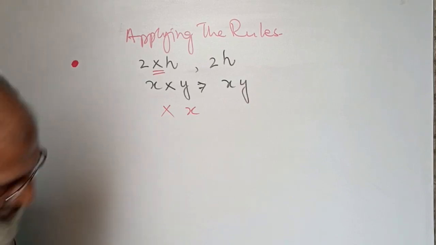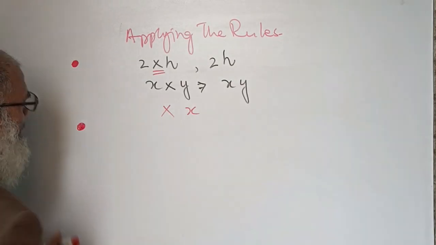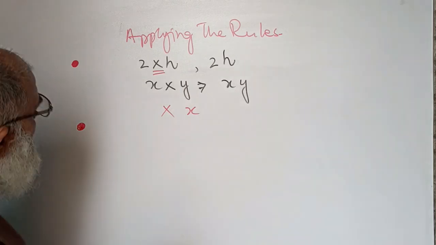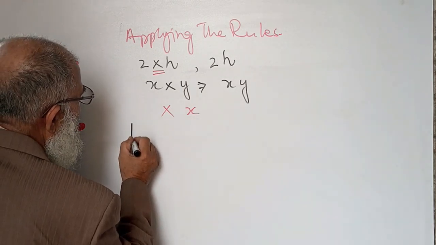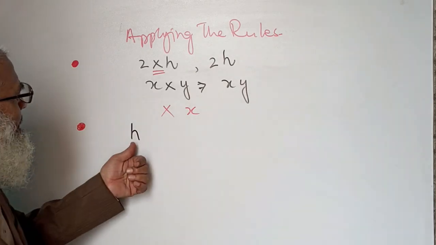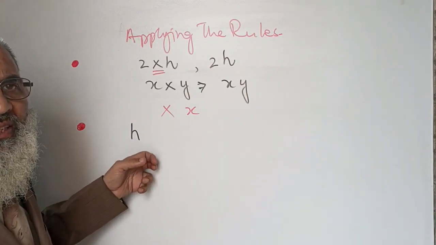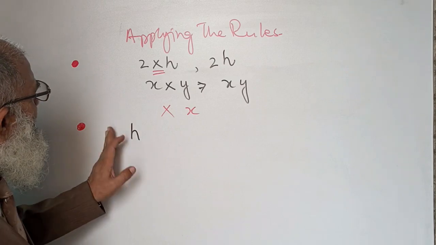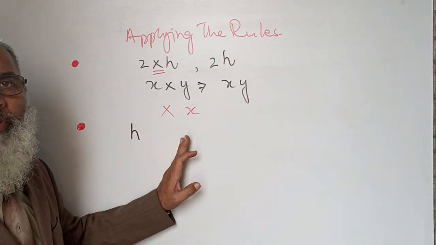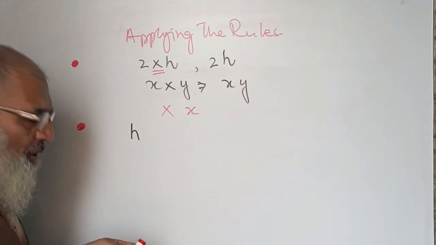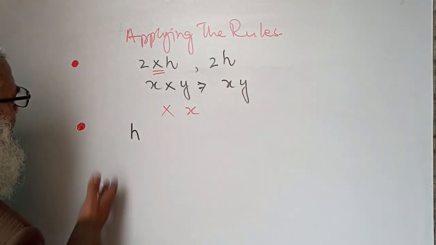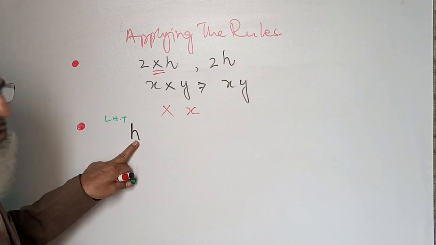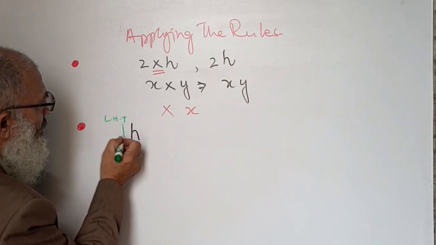The second rule says that if a single variable is written without any coefficient, whatever is written at the left side of this variable is called the coefficient of this.